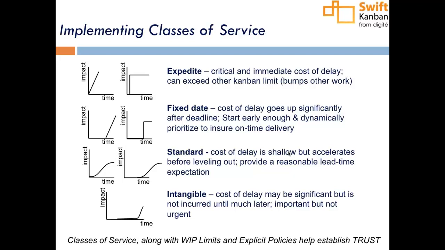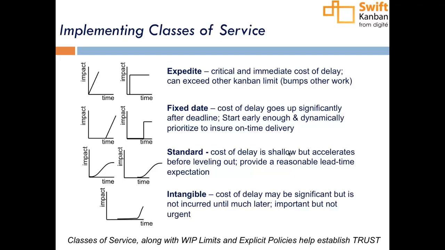The amount of work you need to do depends intrinsically on the work you're doing and not on the prioritization strategies. So when you expedite a card, it has an impact on the rest of the system. The card that was waiting, first in line, just got bumped to being second in line.